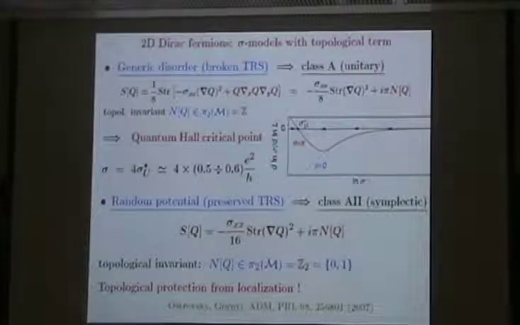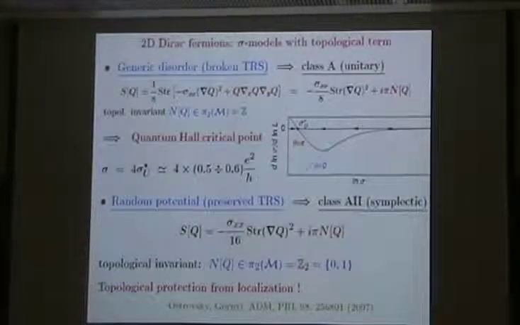And then, if there is the most generic type of disorder, then this effective time reversal will be broken, so everything will be broken. And it turns out that then we get class A, which is the unitary class, the same. And in addition, you get a topological term. This is the typical pi topological term.